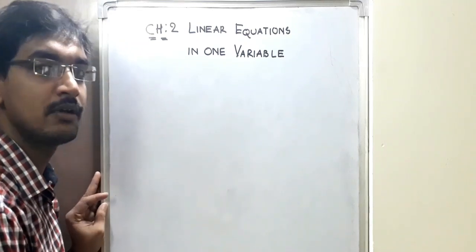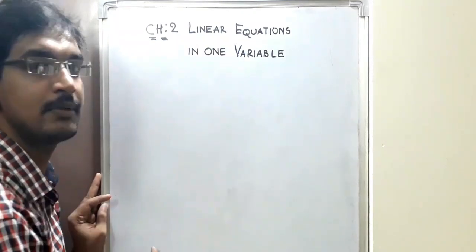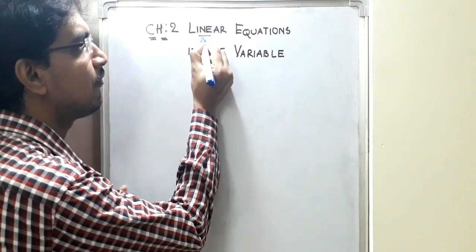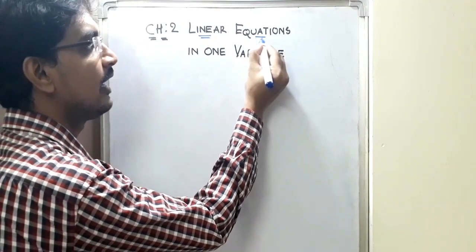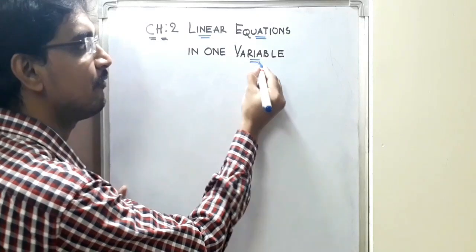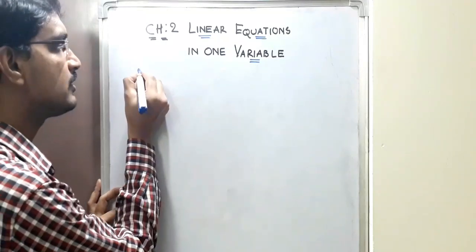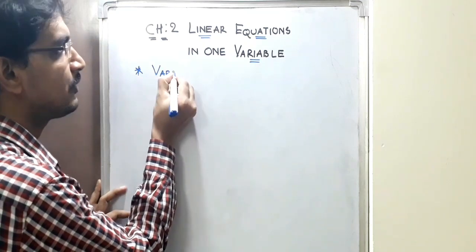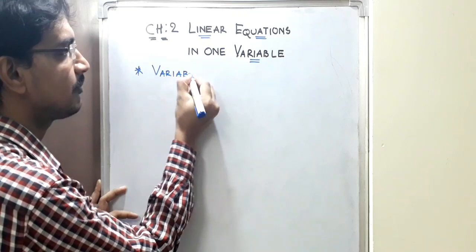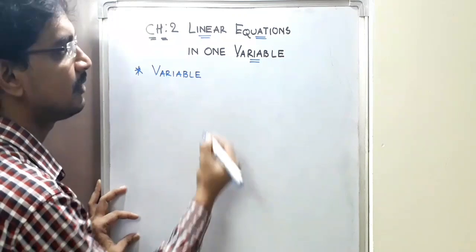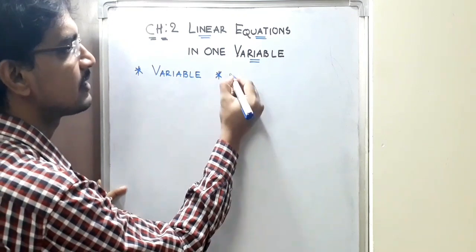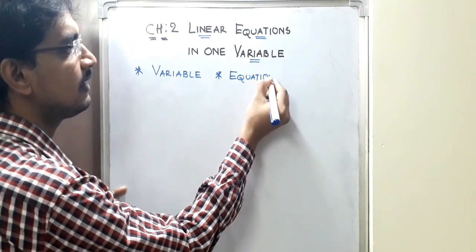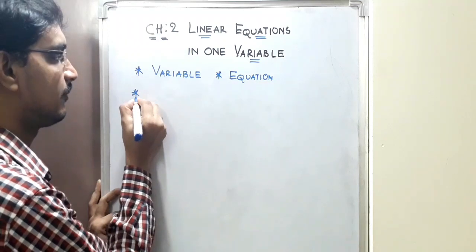If you observe the heading of the chapter carefully, it gives three words, namely linear, equation and variable. So the three words which we need to understand carefully in order to get good knowledge about this chapter are: one is variable, the second one is equation, and the third one is linear.